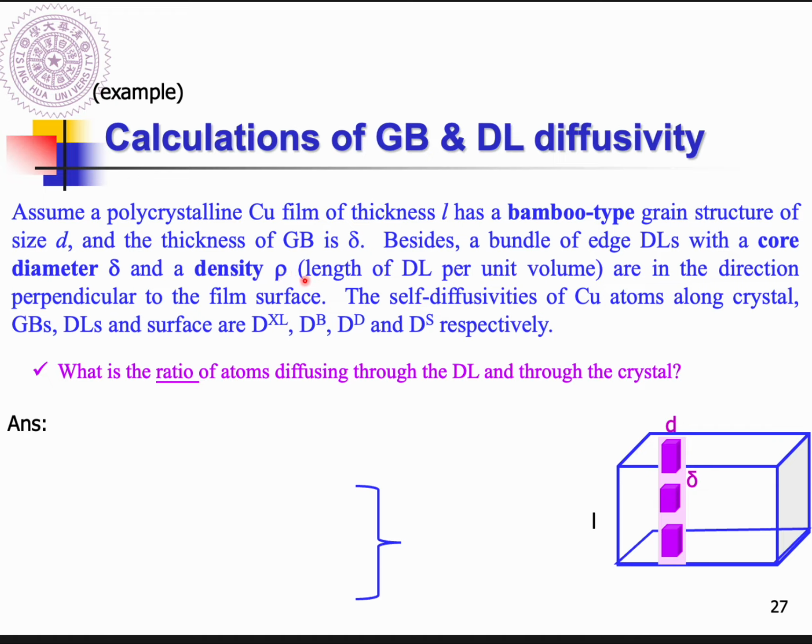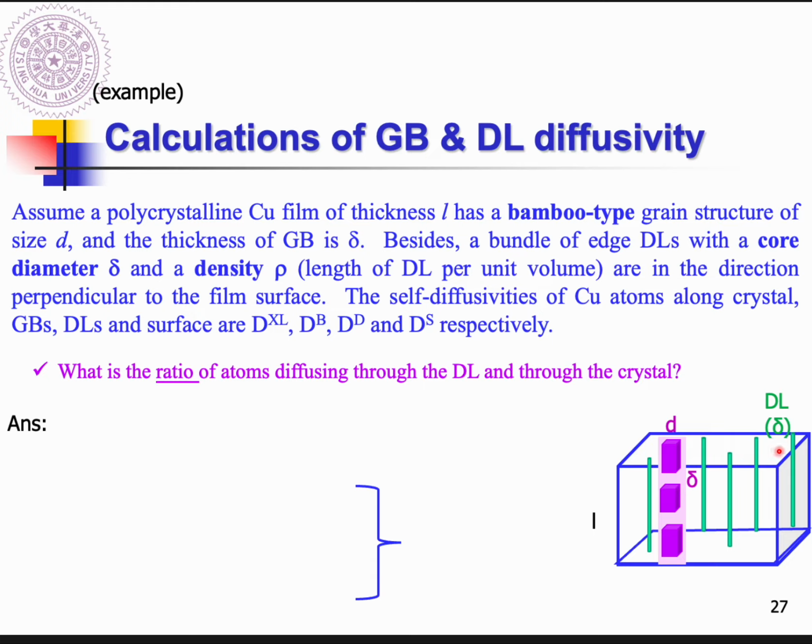But you need to pay attention to the unit for the density. It is the length of dislocation per unit volume, the total length of dislocation per unit volume.